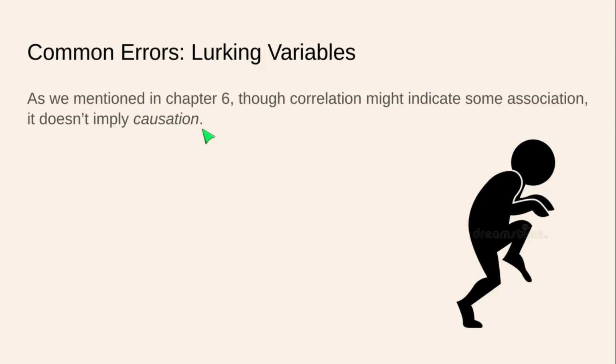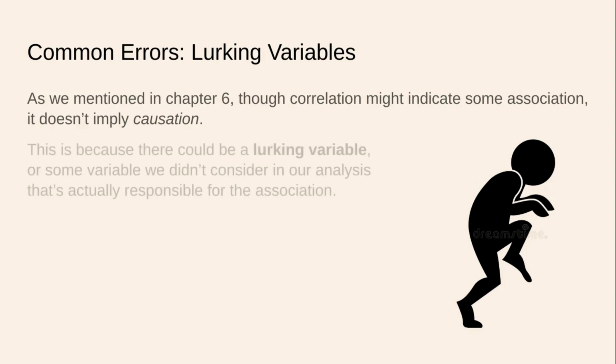Those are different things. Two variables can be associated because one causes another to change, or they can be associated because there is another variable in play that we're not studying, that as that variable changes, both of the variables we are studying are affected.